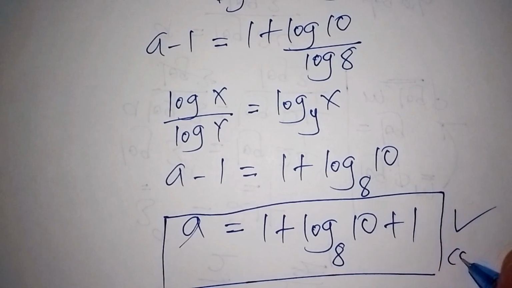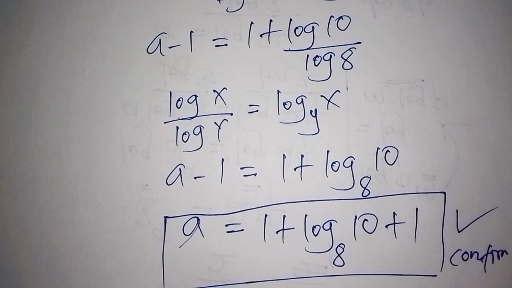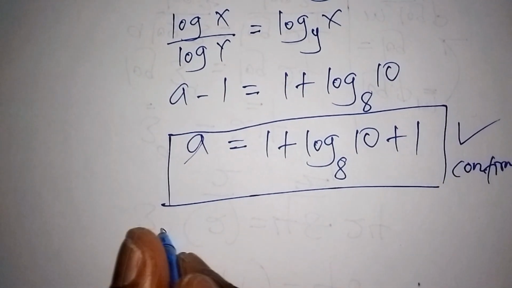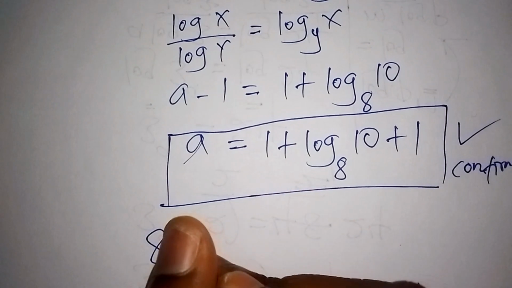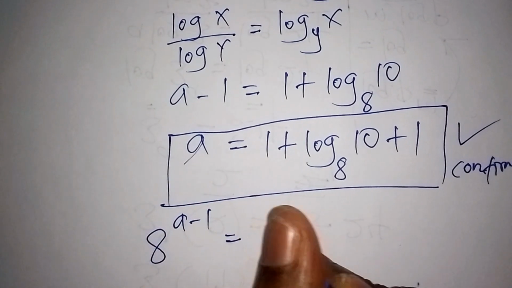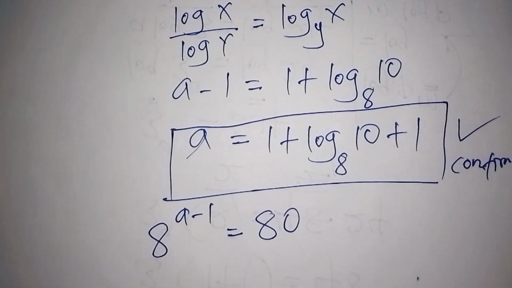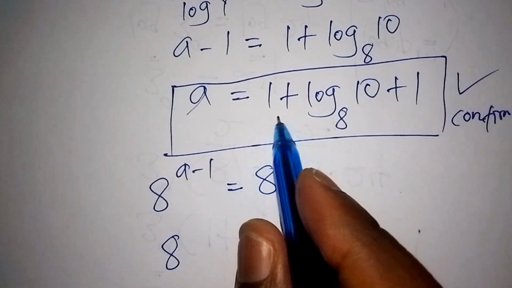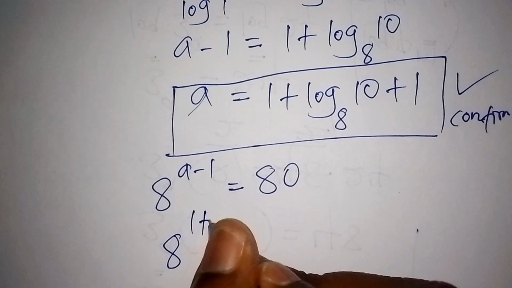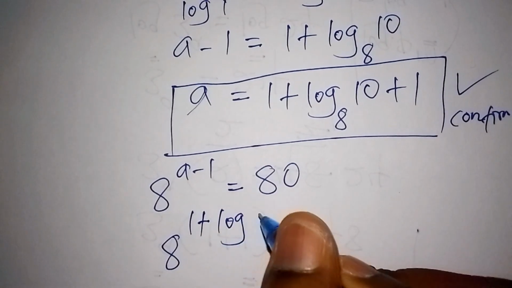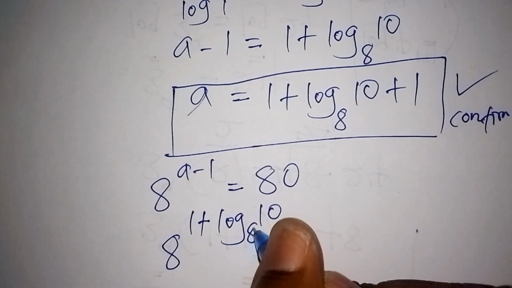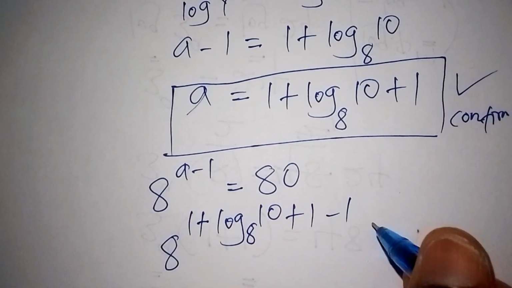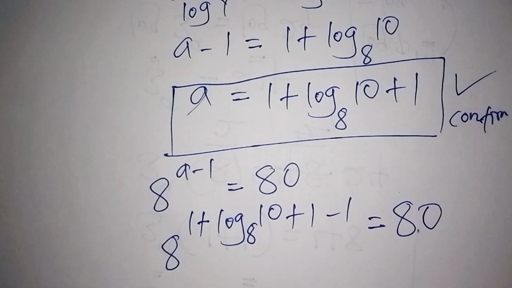So let's now confirm this answer. We had our problem as 8 to the power of a minus 1 is equal to 80. So now we have 8, and where there is a, we write 1 plus the log of 10 to the base of 8, plus 1, then minus 1, is equal to 80.